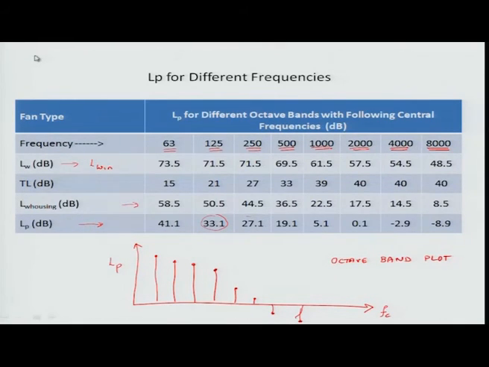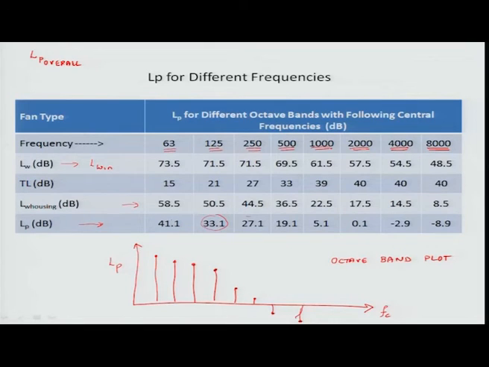Then what we do is we calculate LP overall. And how do you do that? You do not add 41.3 plus 33 plus 27; that will be wrong, because this is on a logarithmic scale. So what we do is add up the energies or powers.